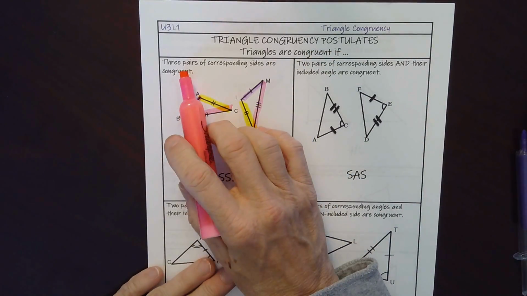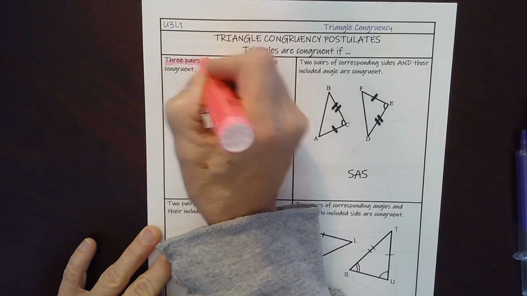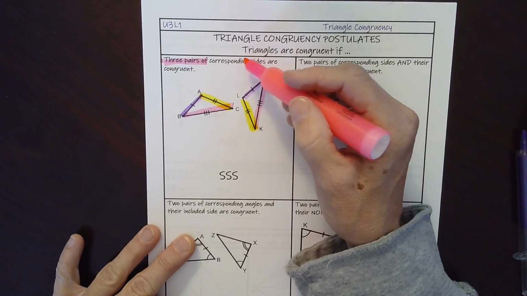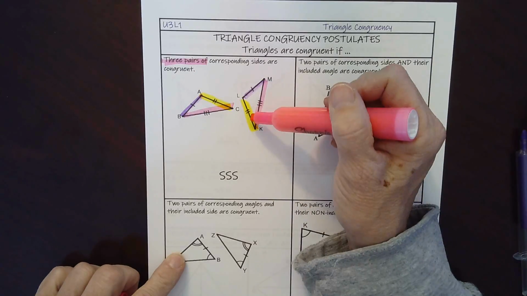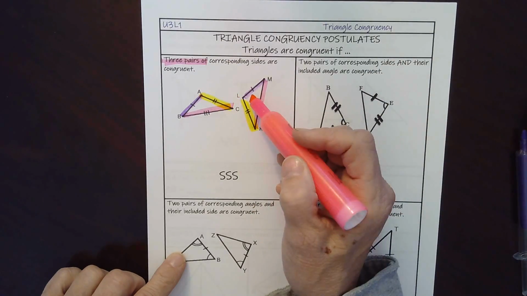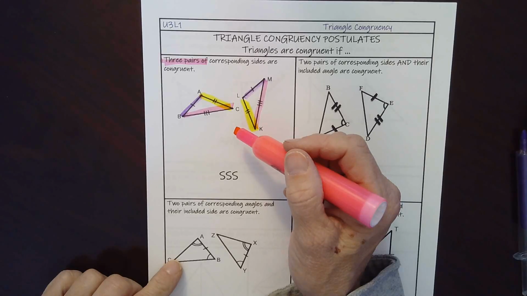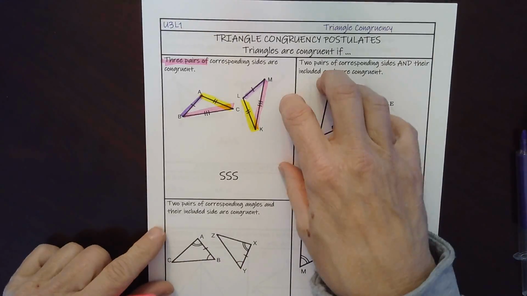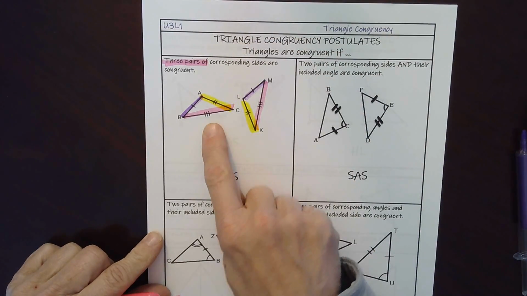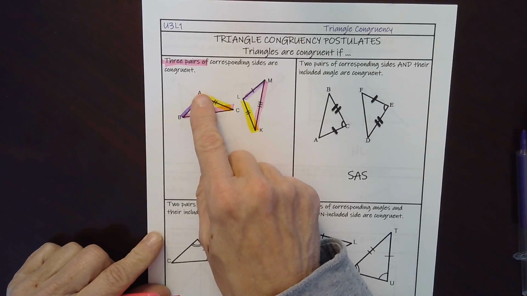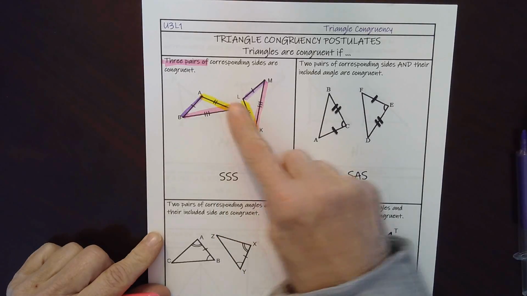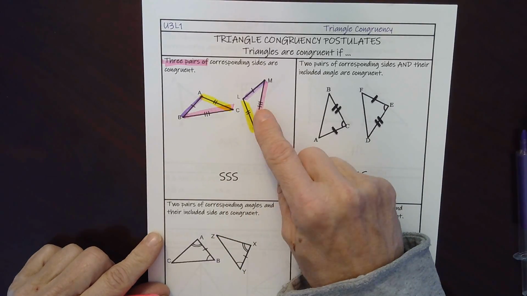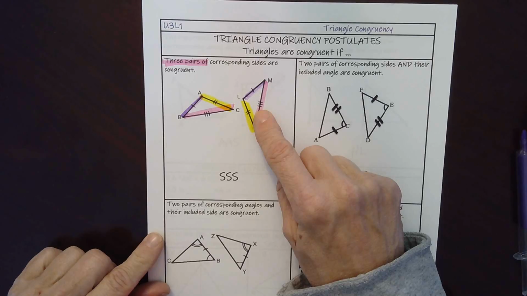So when you know three pairs of corresponding sides are congruent, then you know that these two triangles are congruent. They are the same. And if we were to take this triangle right here and rotate it and flip it, we could put this triangle directly on top of this one.